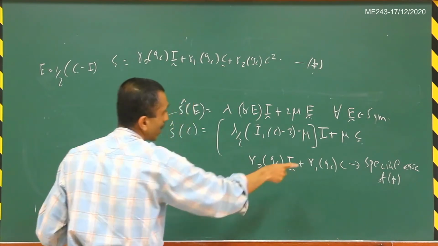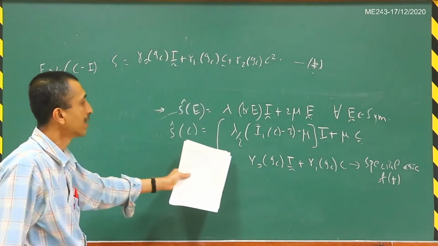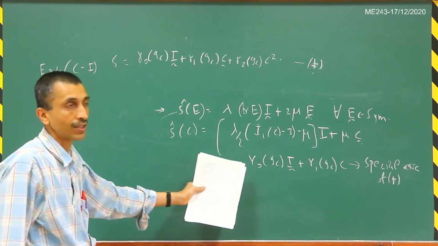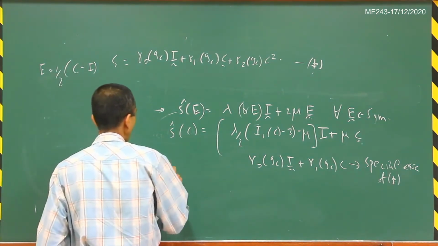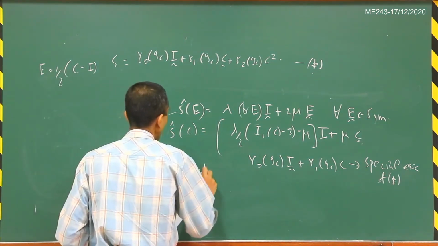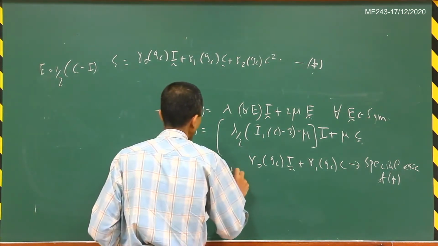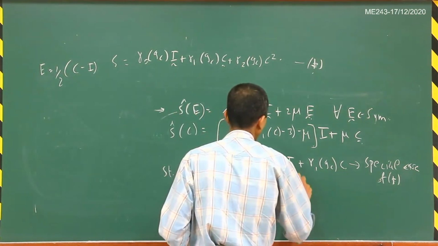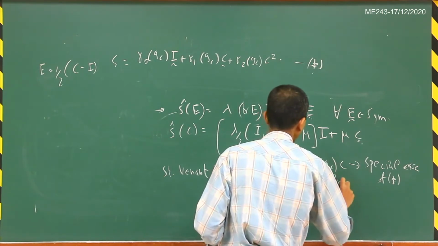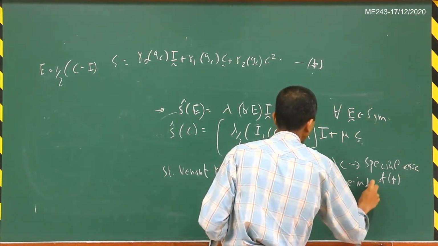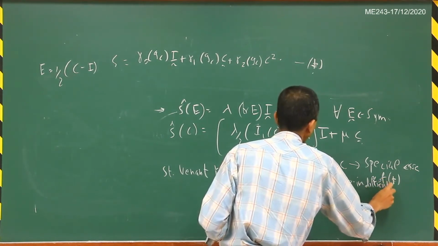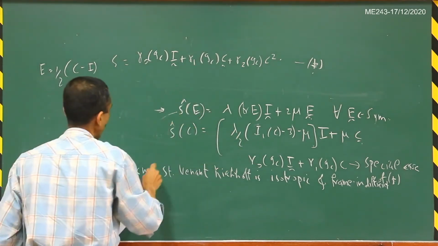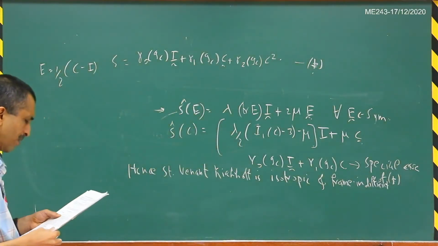Since this is a special case of this, automatically we see that the Saint Venant-Kirchhoff material model is both isotropic and frame indifferent, because it is a special case of star.